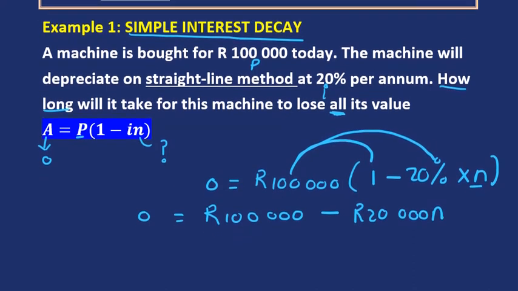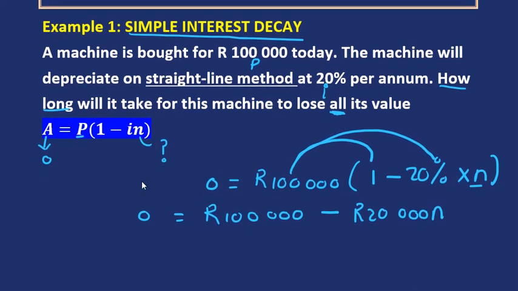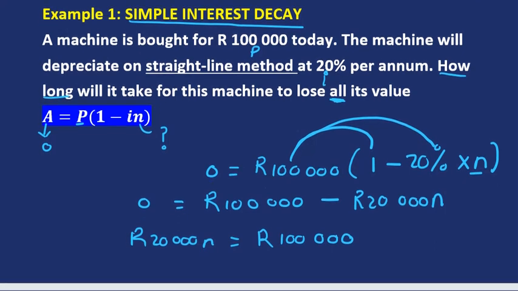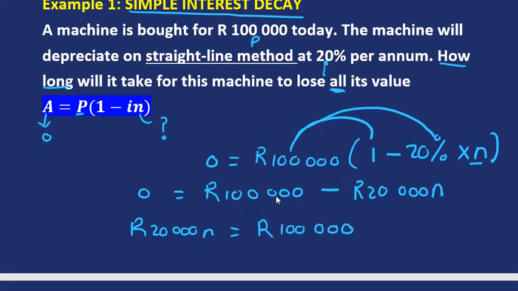And of course, to simplify, we can take the 20,000 n to the left hand side. So we've got 20,000 n on the left hand side equals 100,000. And of course, we want to solve for n because we want to determine how long it will take.